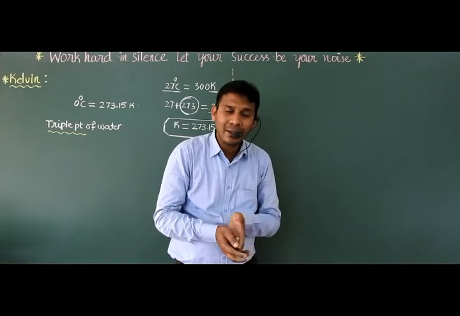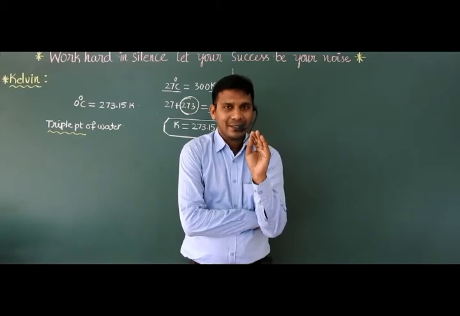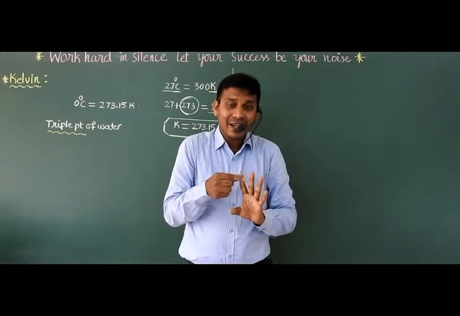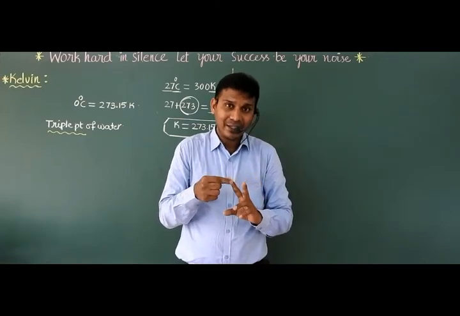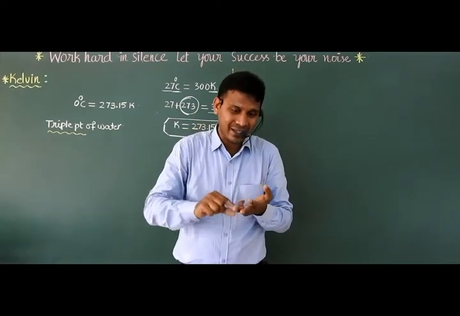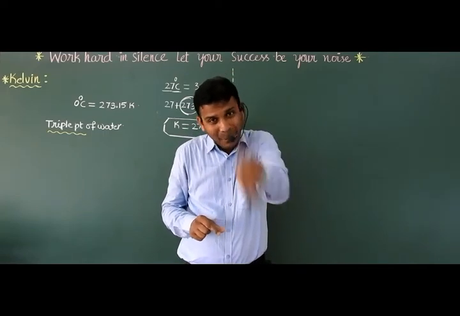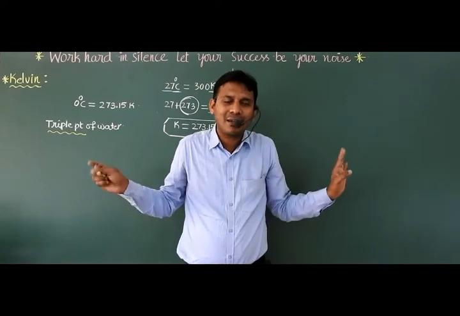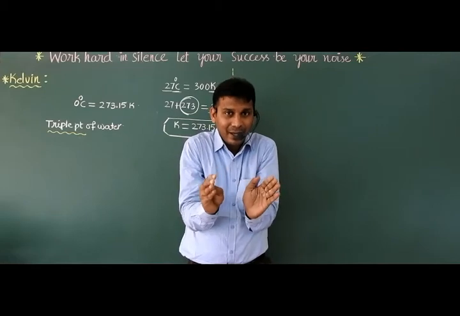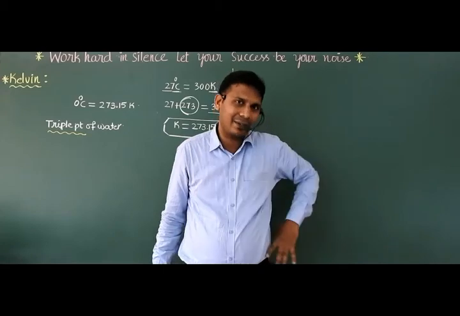Once again I am repeating, triple point of water is the point at which 3 states of matter, that is ice, liquid water and steam, all these 3 coexist. That point is taken as triple point. Only this much you will remember, that is enough in this chapter. So that point is taken as a reference to define this 1 Kelvin.